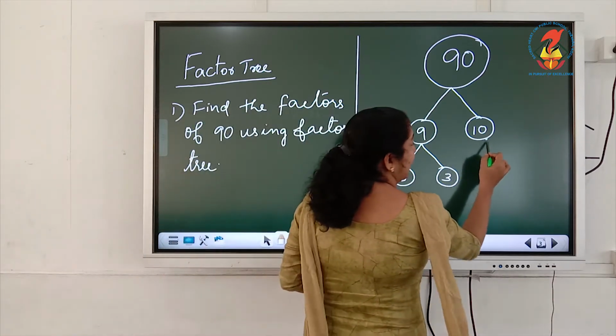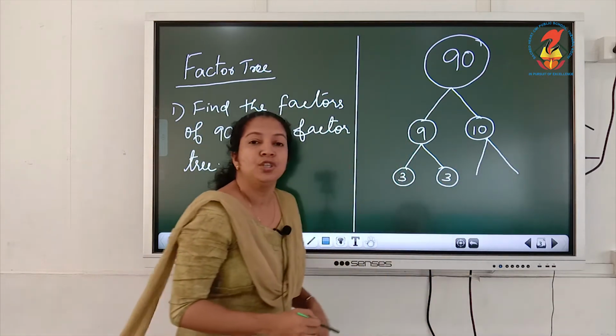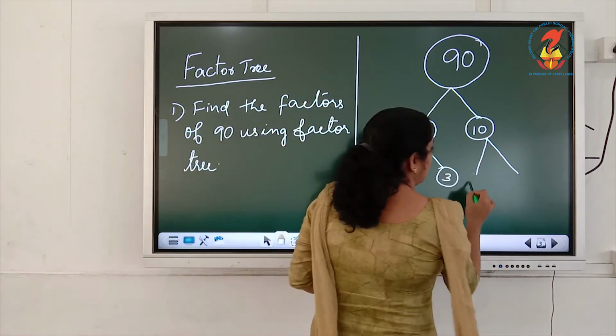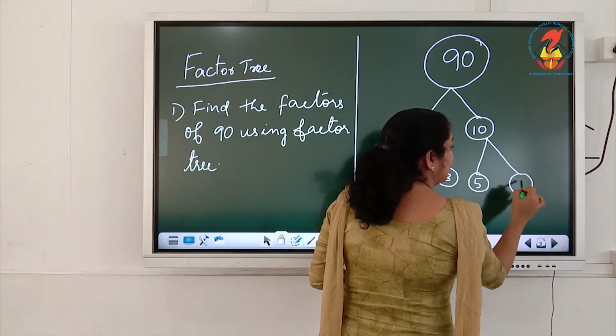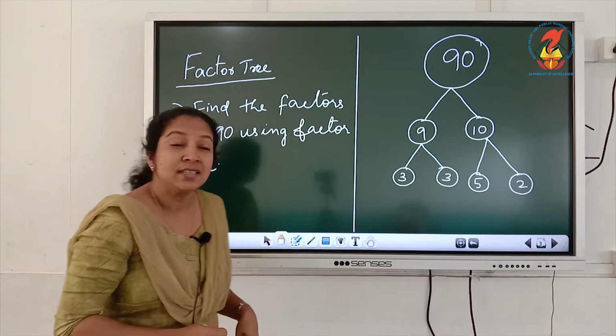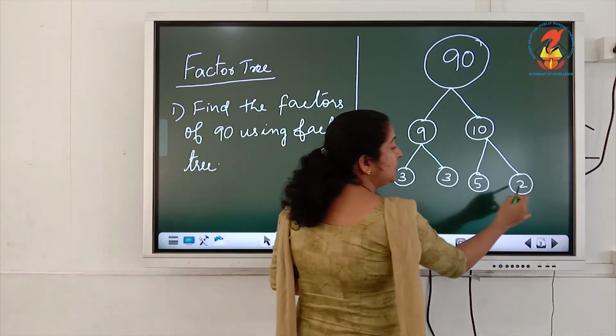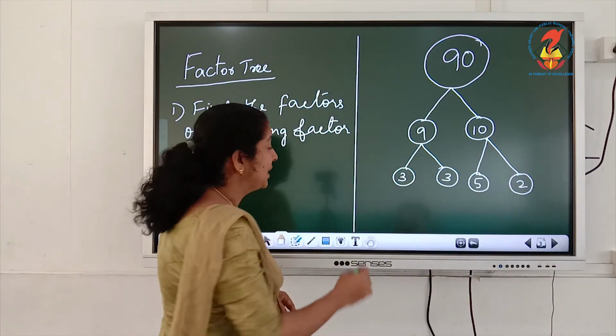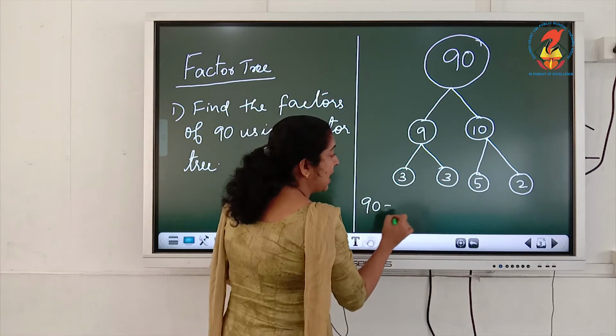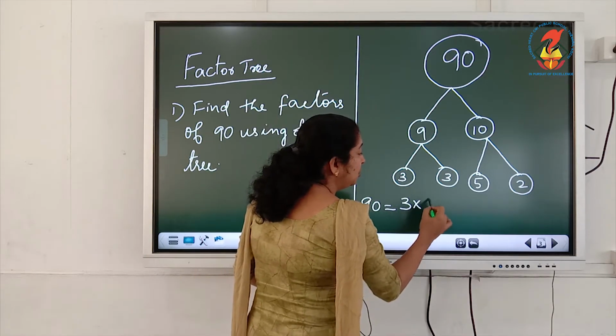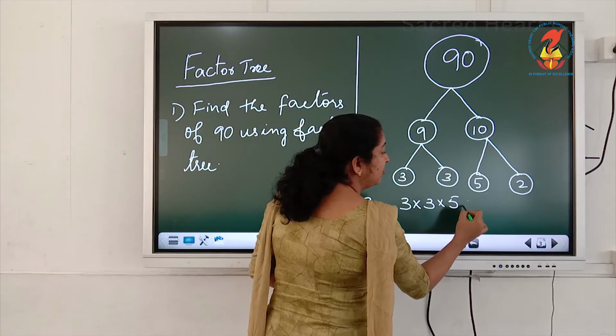Then we have to write 10 as a product of two numbers, 5 into 2. So look at the last step. All these numbers are prime numbers. So we can write 90 as 3 into 3 into 5 into 2.